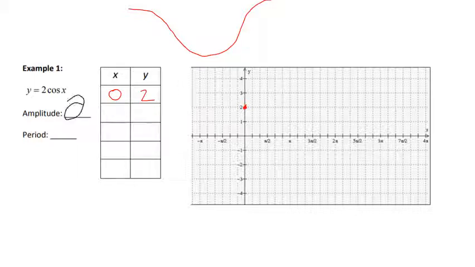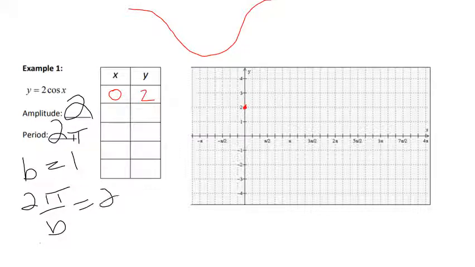The amplitude and the period are not too bad here. The period is just 2 pi because the b, or the frequency, is 1. So when we do 2 pi over b, we get 2 pi over 1, which is just 2 pi. So this is going to look a lot like the other one that we did, only it's just going to be taller, like that.